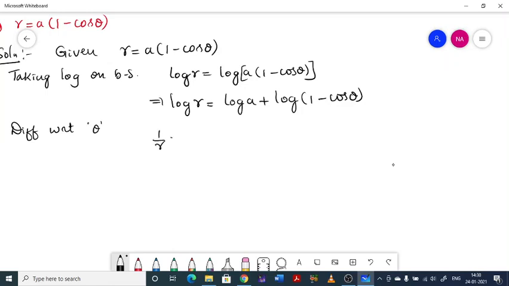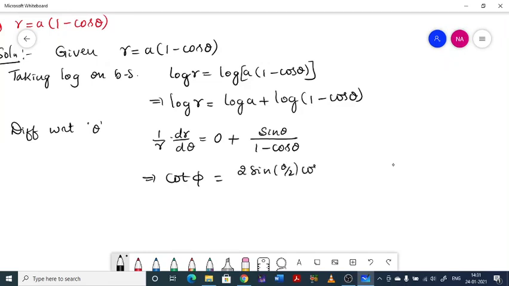So we get 1 by r into dr by d theta equal to derivative of log A, which is 0, plus sin theta in the numerator and 1 minus cos theta in the denominator. Minus cos theta has derivative plus sin theta. So cot phi equal to sin theta, written as 2 sin of theta by 2 into cos of theta by 2, divided by 1 minus cos theta, which is 2 sin square of theta by 2.